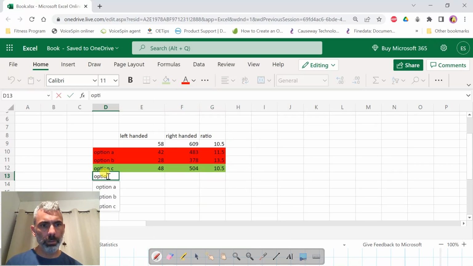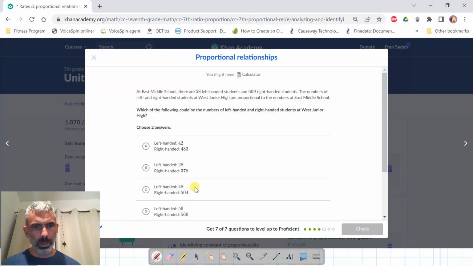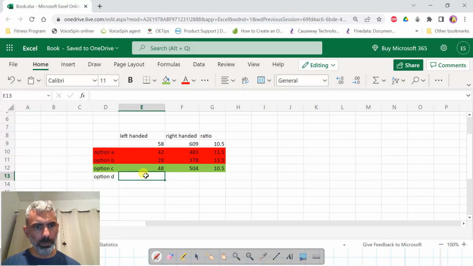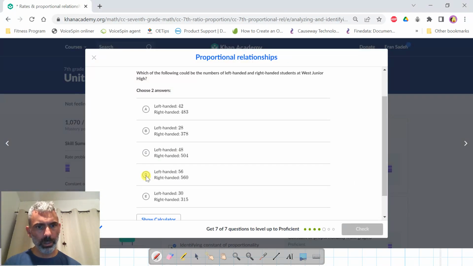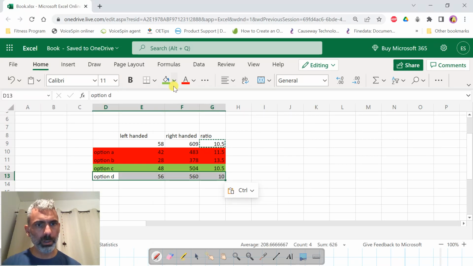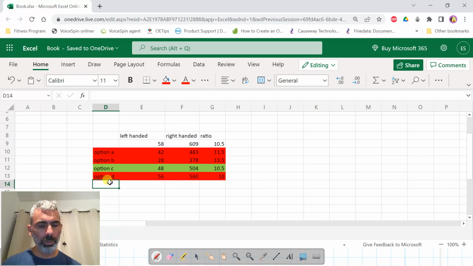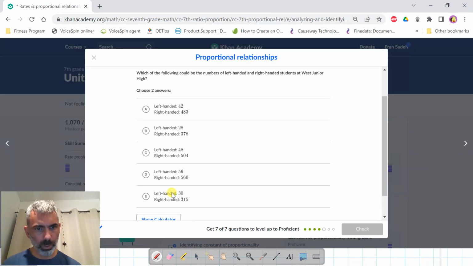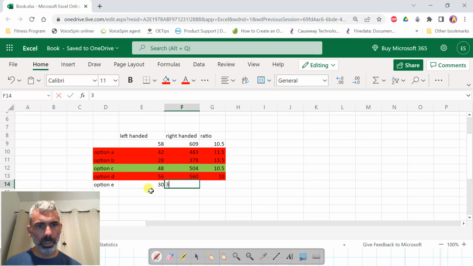Option D, we have 56 and 560, which is 10. Okay, 560 divided by 56 is 10, so it's not the same ratio. So option D is incorrect. Option E should be correct because we need to find two answers. So this is 30, this is 315.